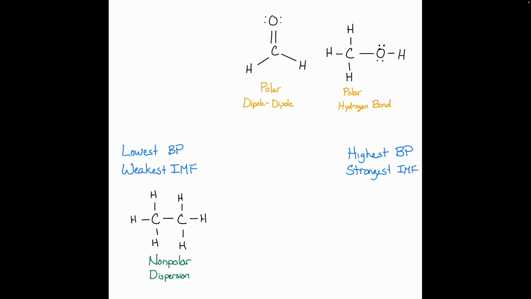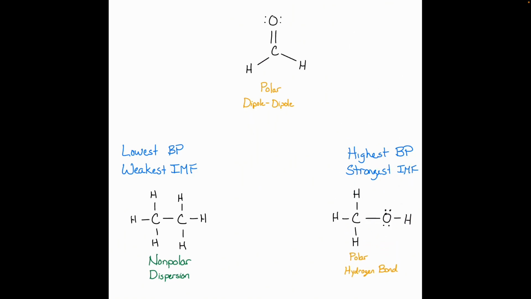What about my highest boiling point, my strongest intermolecular interactions? Those hydrogen bonding. So clearly I was very creative drawing these molecules in the exact order that they were going to be ranked in. All right, but yes, if we're going to rank them from lowest to highest boiling point, we have to look for these structural features that correspond to those intermolecular forces and rank them accordingly.